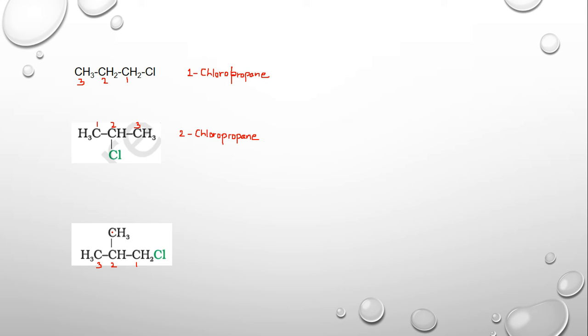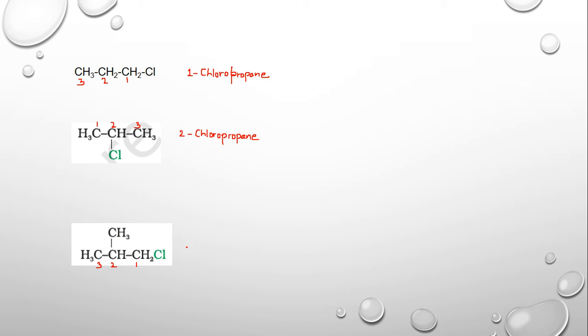You can also write carbon number 3 on the top CH3. On the second carbon atom you have methyl attached, and on the first carbon atom you have Cl attached. Now writing as per alphabetical order, C comes first and then methyl, M, comes second.